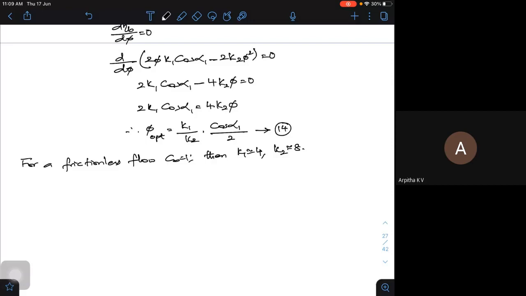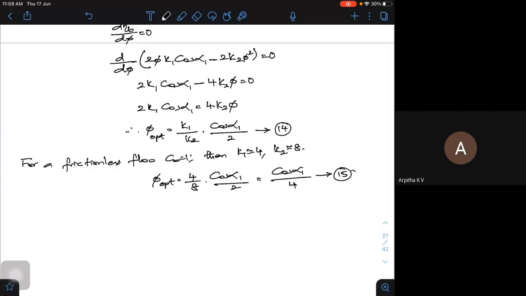In that case, phi optimum is equal to 4 by 8 into cos alpha 1 by 2, or simply, 4 will go off, so it will be simply cos alpha 1 by 4. Let me call this equation number 5.